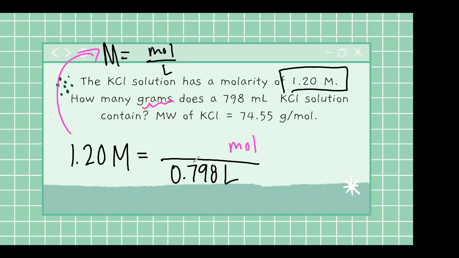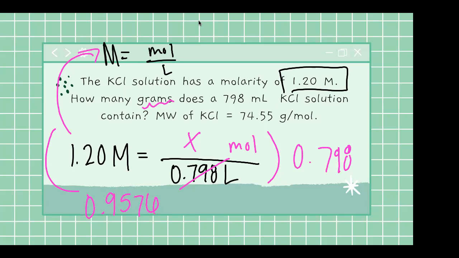So in order to find X moles, we just multiply both sides by 0.798, right? And that gets us 0.9576, which is actually supposed to be 3 sig figs, 0.958 moles, right?